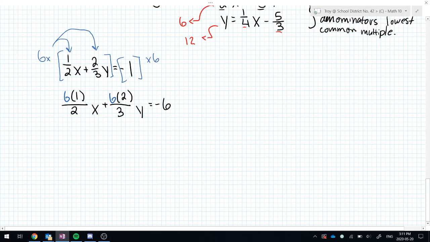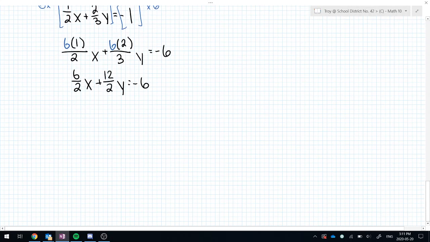Okay, so I kind of made this a little more confusing, but let's simplify this a little bit. So 6 times 1 is 6. 6 times 2 is 12. But take a look what we've done. What's 6 divided by 2? Well, that's 3. And what's 12 divided by 2?